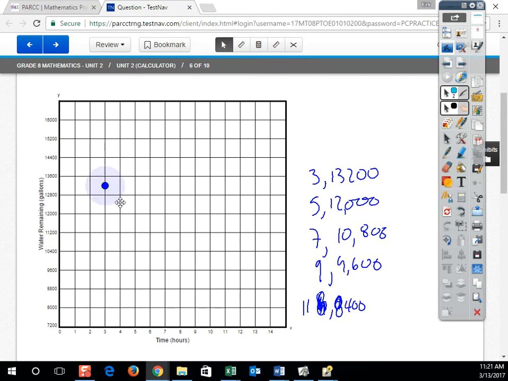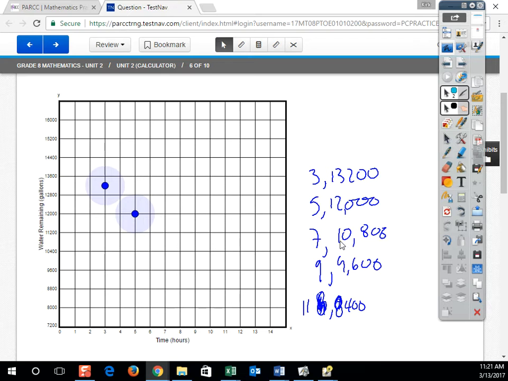And it will only let me do halves and full points, so we know it has to be there. 5, 12,000, so for 5 we go up and 12,000 is already labeled. Makes life really easy when it's an exact point.